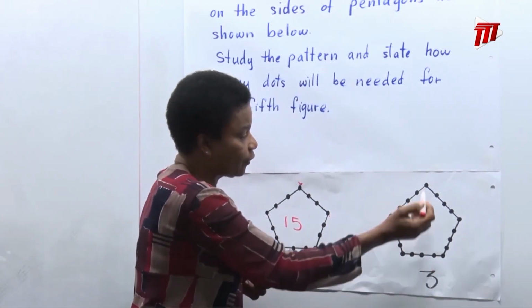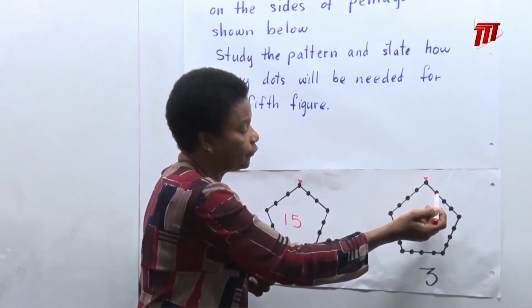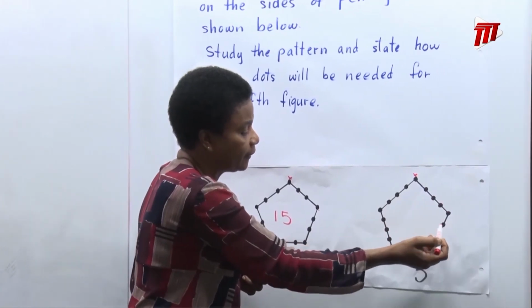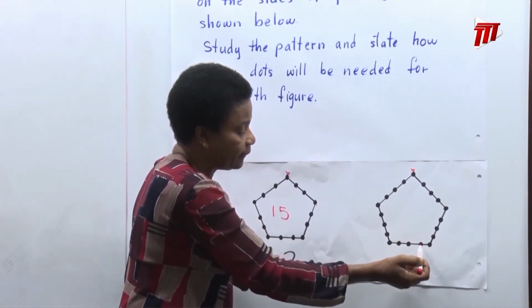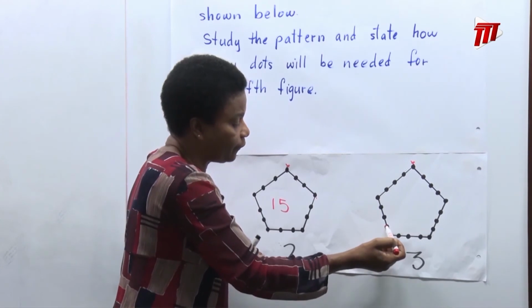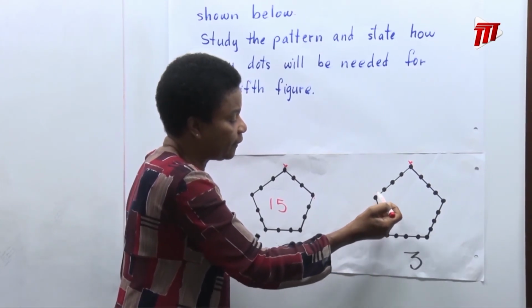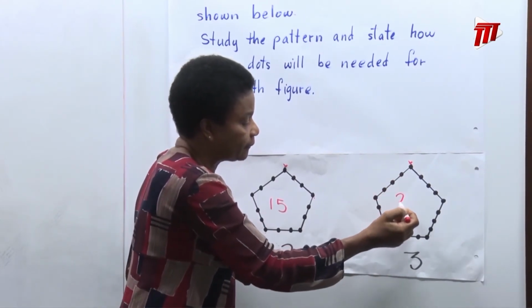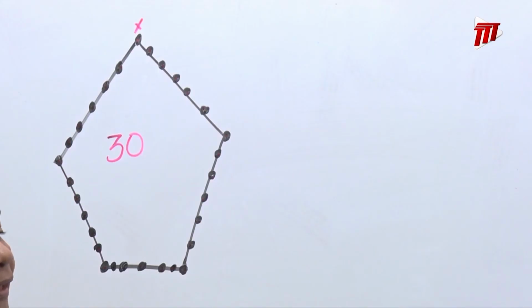On the third pentagon, 1 through 20. So let's make a table to represent this information.